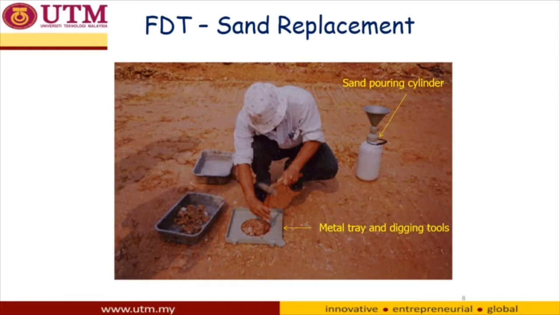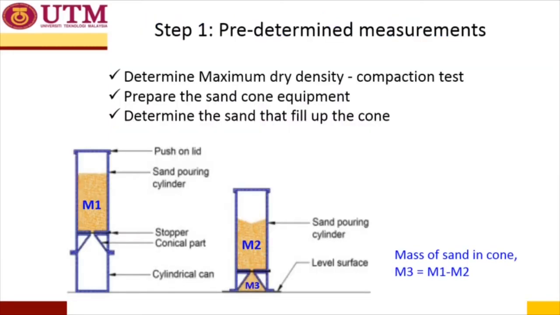Okay, let's have a look at these steps in detail. Right, this is step 1. In this step, a few predetermined measurements need to be considered prior to field density measurement. The first one is to determine the maximum dry density of the soil that will be used on site using compaction tests in the laboratory. Then the sand cone equipment should be prepared, including the sand itself of known density.